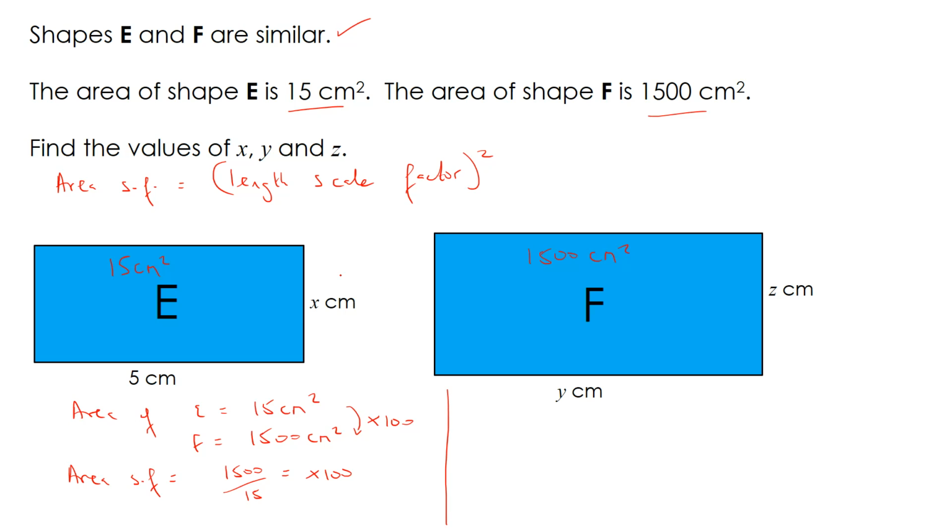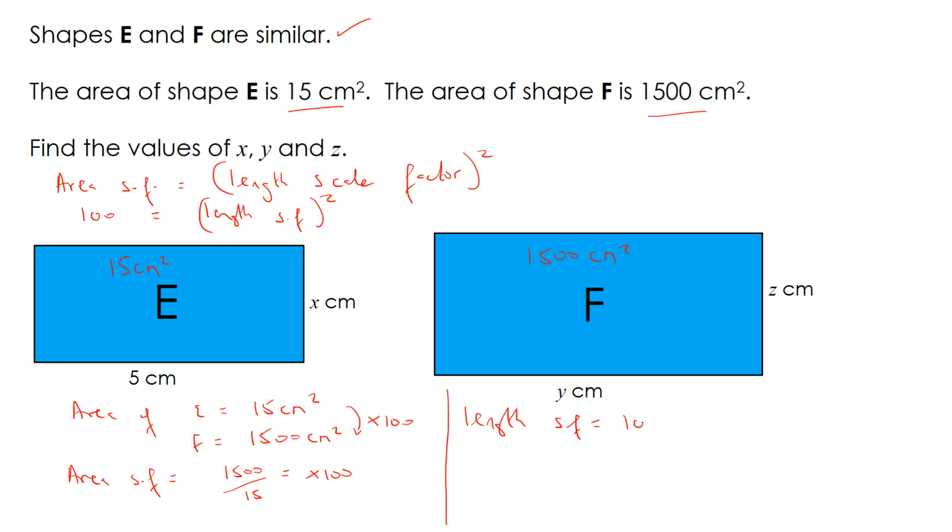So now look, I've got here that 100 is basically the length scale factor squared. And I need this length scale factor to work out these missing lengths. So I'm thinking now, what number squared is 100? Well, I think it's 10, isn't it?